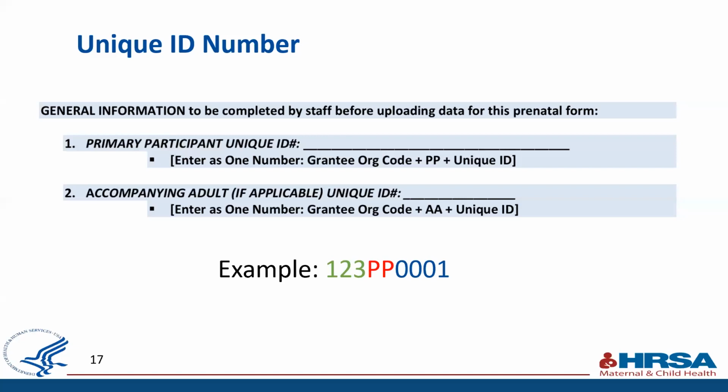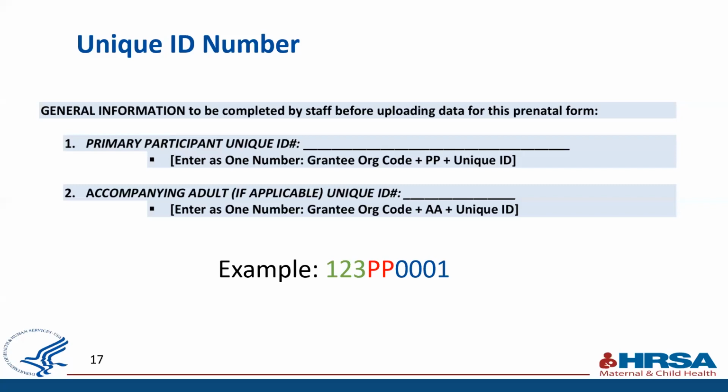So if a client were an accompanying adult, those letters would be AA, and for an enrolled child, it would be EC. And this just allows you to know which type of participant you're dealing with by way of the unique ID. And a third part of this is just for the client, the numbers, beginning with 0001 and continuing upward sequentially.